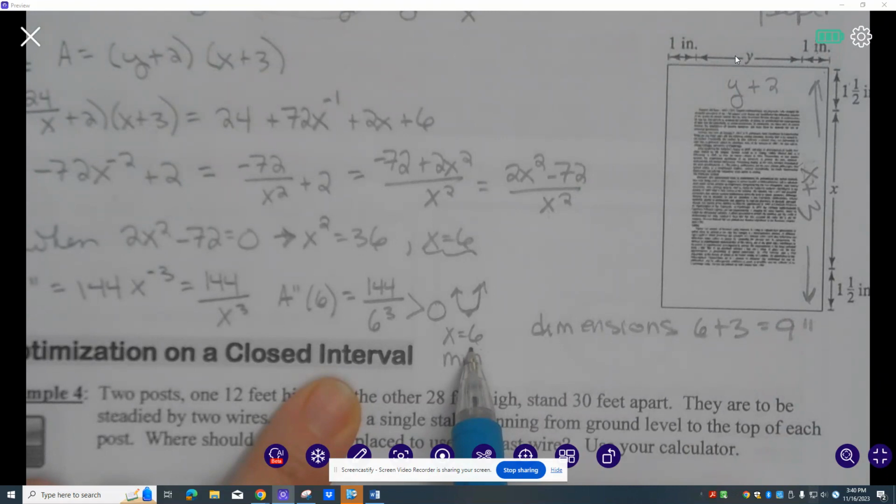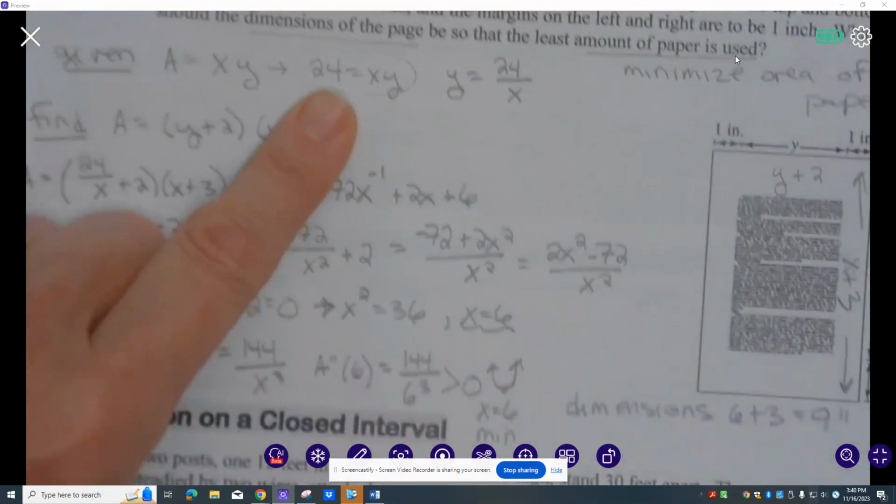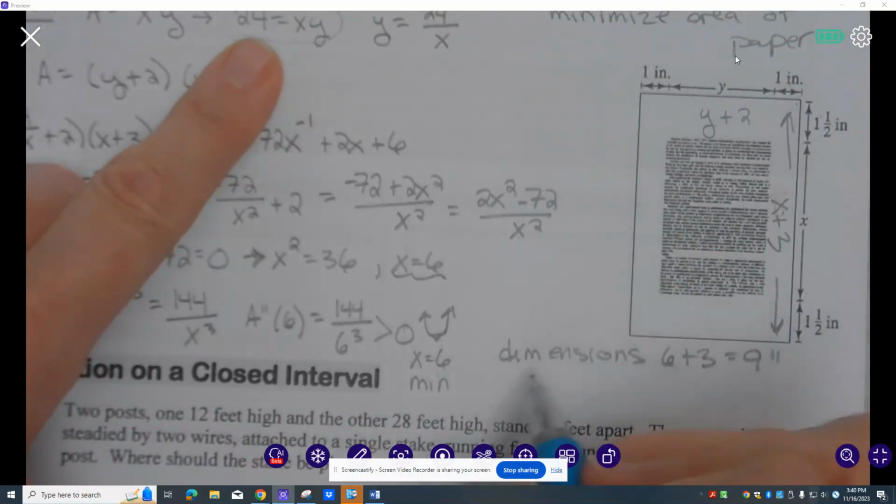And then if x is 6, remember, x times y equals 24. So if x is 6, that means y is 4. And then to y, I want to add 2. So 9 inches, and then the other dimension.